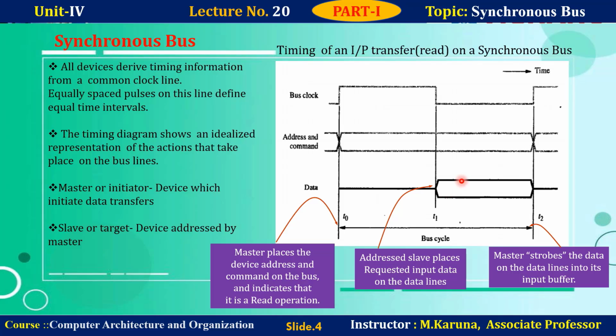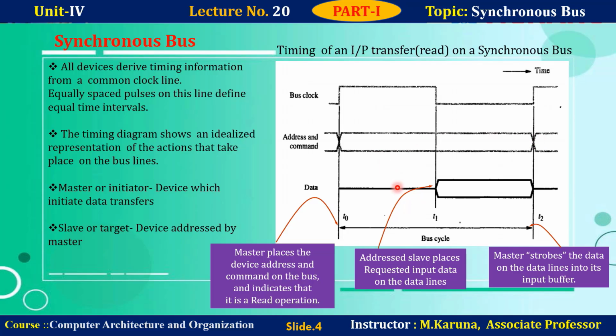The indication of these lines as high and low depends on the particular address or data pattern being transmitted. The crossing points, here at T0 and T2, indicate the times at which these patterns change.